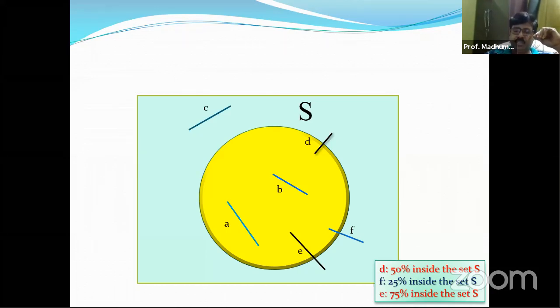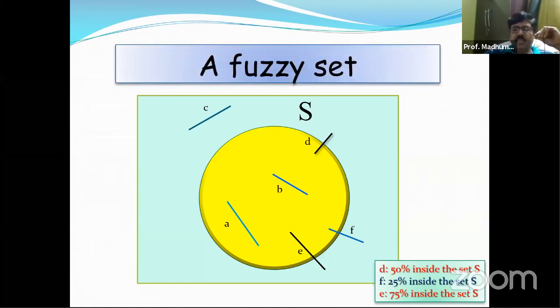So if you consider two terms, the element and its percentage of belongingness or degree of belongingness, then we can represent these entire elements A, B, C, D, E, F as constituting a set S with certain degrees of belongingness, and this kind of set is called a fuzzy set.